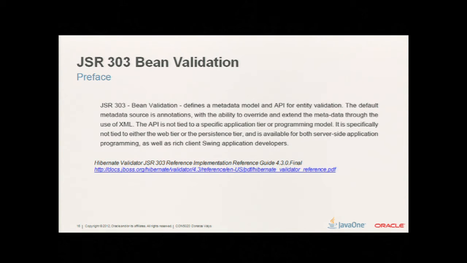On the other hand, bean validation is integrated with other Java EE specifications like JPA and JavaServer Faces. In this session, I also show an example implemented in the sample application using JavaServer Faces version 2, not 1.2, but version 2.